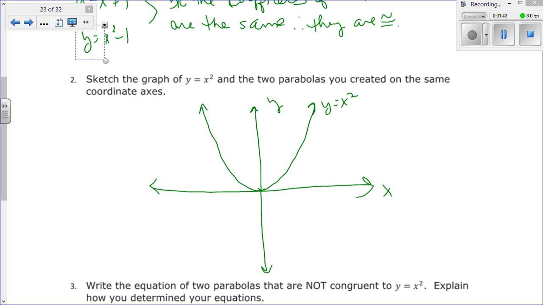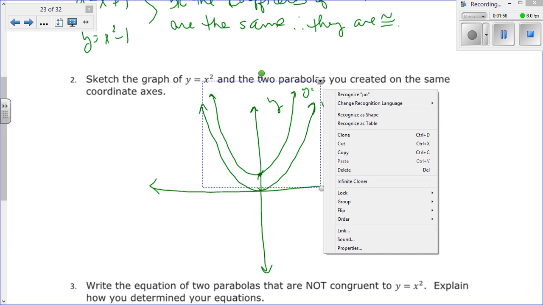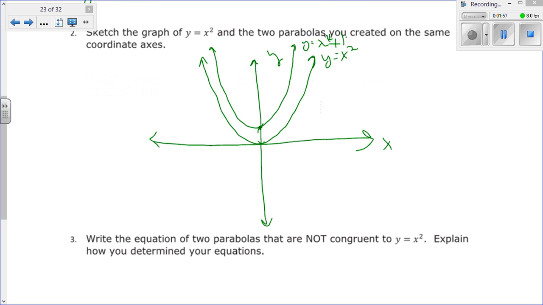And if I were to do x squared plus 1, I'm just going to move my vertex up 1. So y equals x squared plus 1 is there. And this is y equals x squared minus 1.